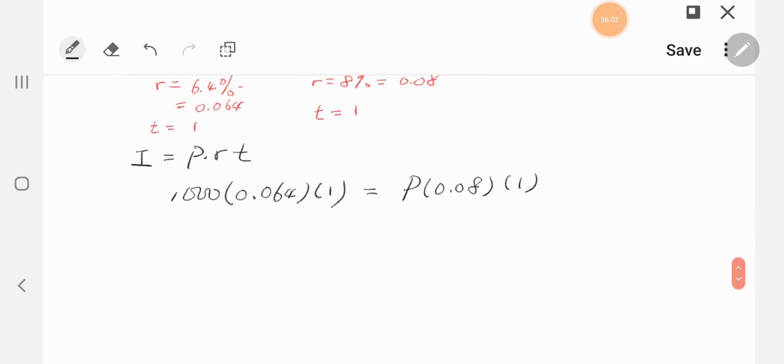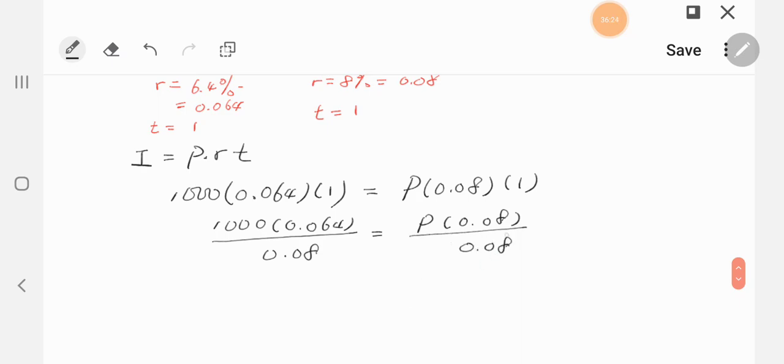From this equation, we can find P. So why don't we divide each side by 0.08, so that we can cancel it out. Use a calculator, then this will be 800, which is equal to P.